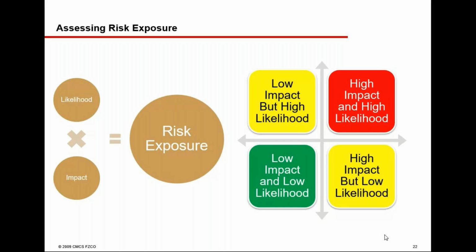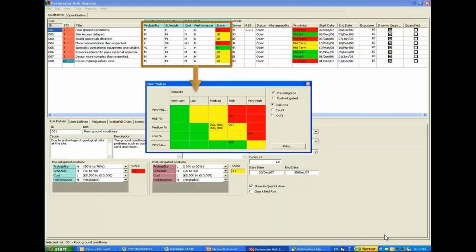Something in red is really something where we need to take an action, right? Either to prevent it or ensure that the impact is very less. We need to take actions in that. So this is how our risk matrix will look like in your Primavera risk analysis.